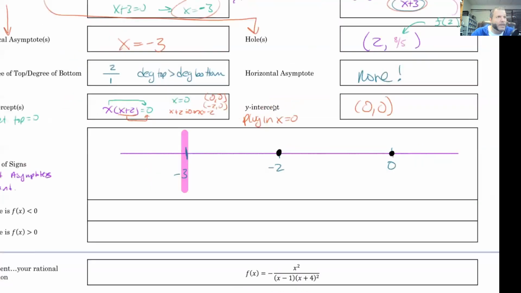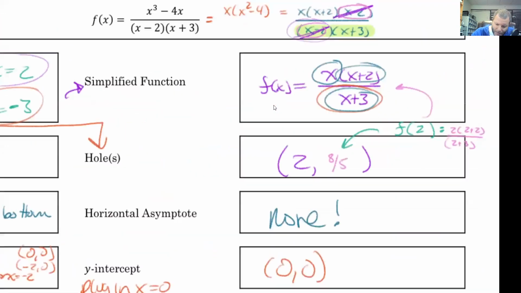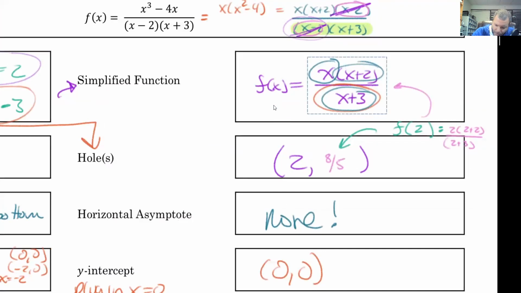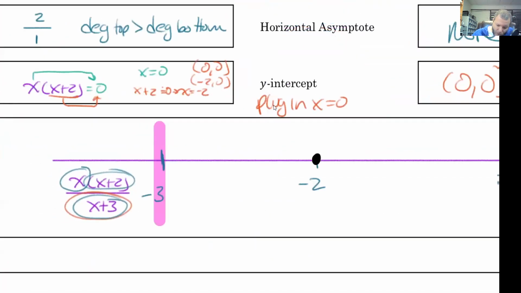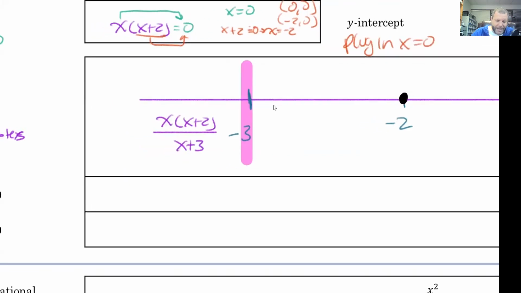The whole idea behind the table of signs is that you want to take your simplified version of the function, so I'm going to duplicate that and bring it down. You want to plug in some test points in each interval. If I look at this interval, I have values from negative infinity all the way up to -3.